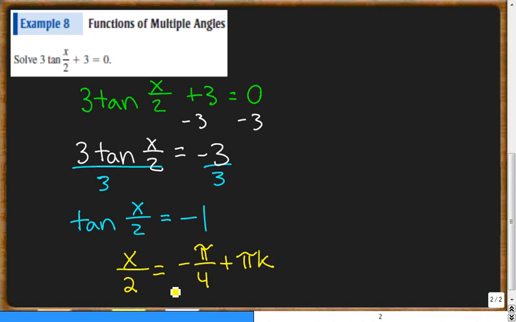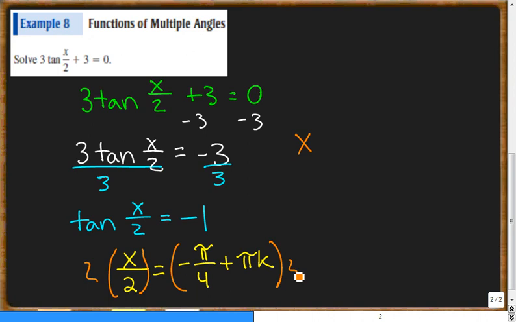So this is the same, so negative pi over 4, 3 pi over 4, 7 pi over 4, and all these other angles, all of them have a tangent value of negative 1. So now we need to finally go back and solve for x, because that's what we're looking for. So in this case, x is going to be each of these multiplied by 2.